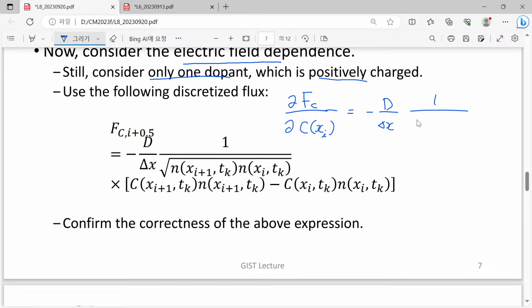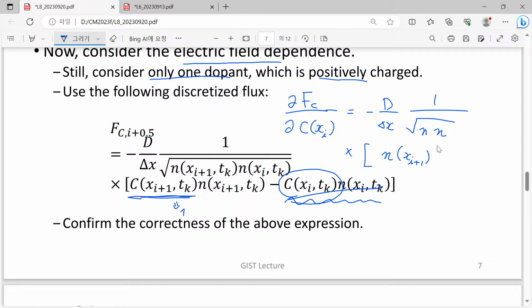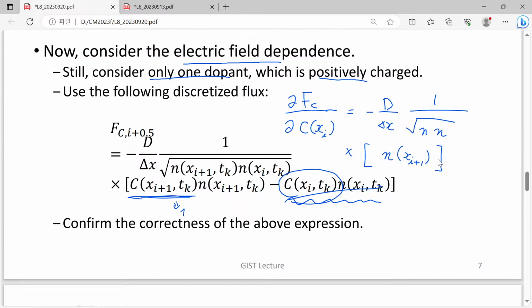Everything is just corresponding to n values, and this one does not contribute because it corresponds to x sub i, gone. Here we have the partial derivative, so it becomes 1, and now we will have just n evaluated at x sub i plus 1. If you say so, it is not perfectly correct.